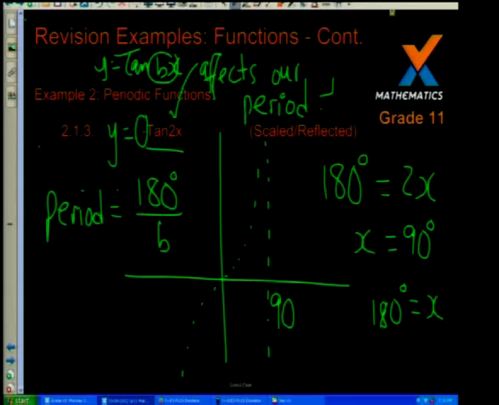In fact, let's take it from this point here. All right, so if a period, remember this thing repeated every, that was a 90 and a 270. Now it's going to be half of that, 45 degrees and 135 degrees.